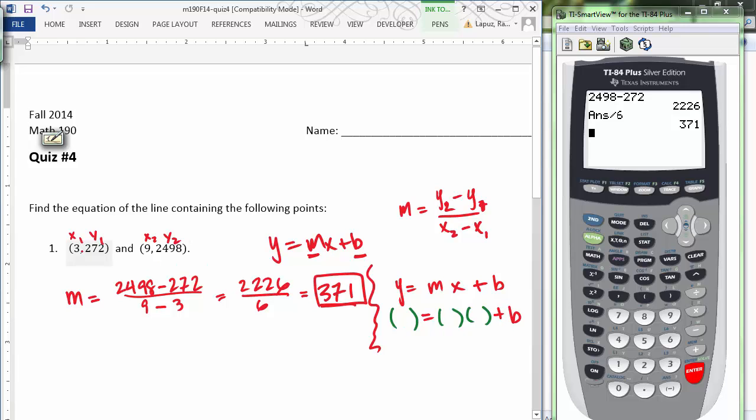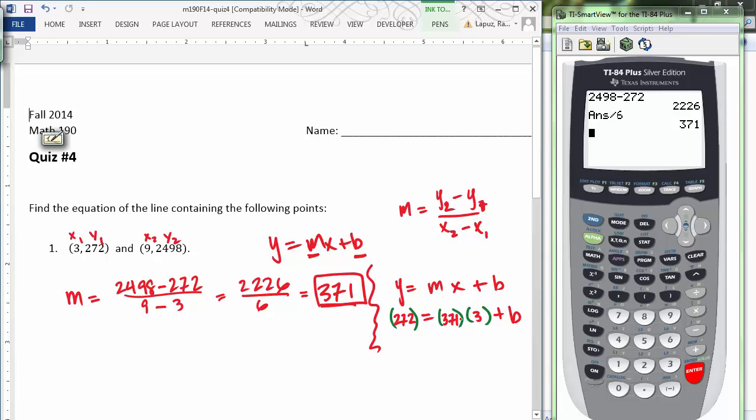The value for y that we'll choose, we can choose either of these points. I'll choose 272 is equal to m, we got that to be 371, and x, we'll choose 3. And then if we work this out and solve for b, we should get our answer.